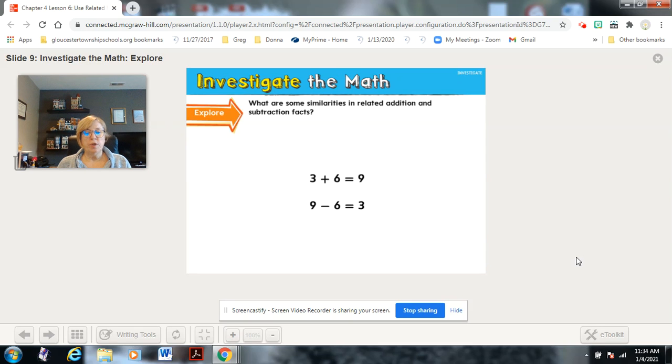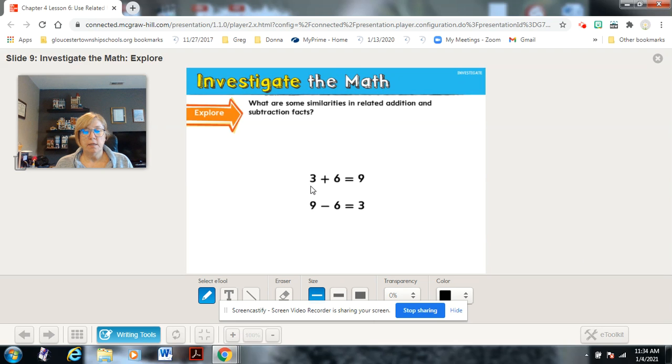Well, since we're looking for similarities, let's look at what could be the same. I notice there's a 3 here and a 3 here. Here's a 6, here's a 6. Here's a 9, and here's a 9. And they both have equal signs.